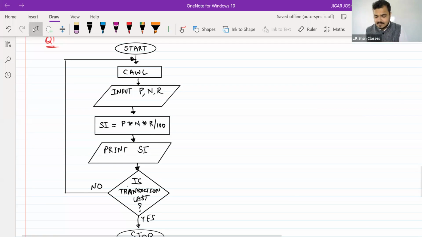If it is no, then we need to connect it in between to the start and CAWL. So the software is on, but it will clear all the working areas once again and will be ready to take the new input.